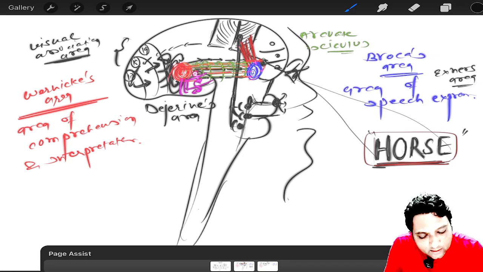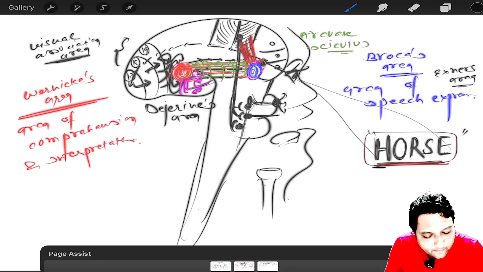Then another nucleus which is controlled by these fibers is the ninth glossopharyngeal nerve. Okay, and 10th cranial nerve which is vagus, and 12th cranial nerve which is hypoglossal nerve, and this hypoglossal nerve is responsible for the movement of tongue.